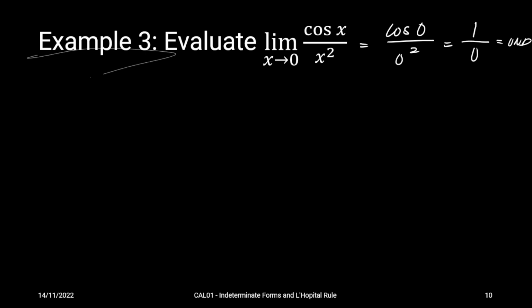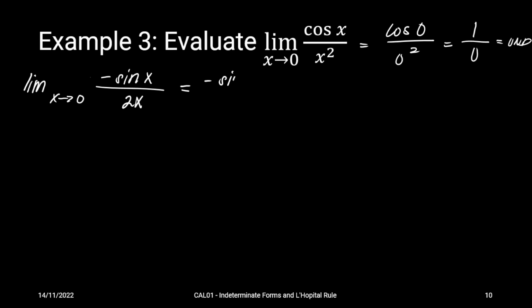So, we have the limit as x approaches 0 of the derivative of cosine is negative sine x over 2x. Diba? So, substituting, so we have negative sine 0 over 2 times 0. Sine 0 is 0, no? So, over 0. So, still undefined, no?